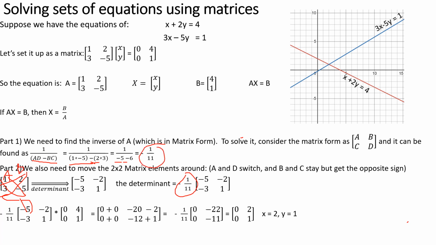So what I've done here is I have found the inverse of A. It is simply finding the determinant right here, and then finding the inverse of the original matrix. That's what I've done here.